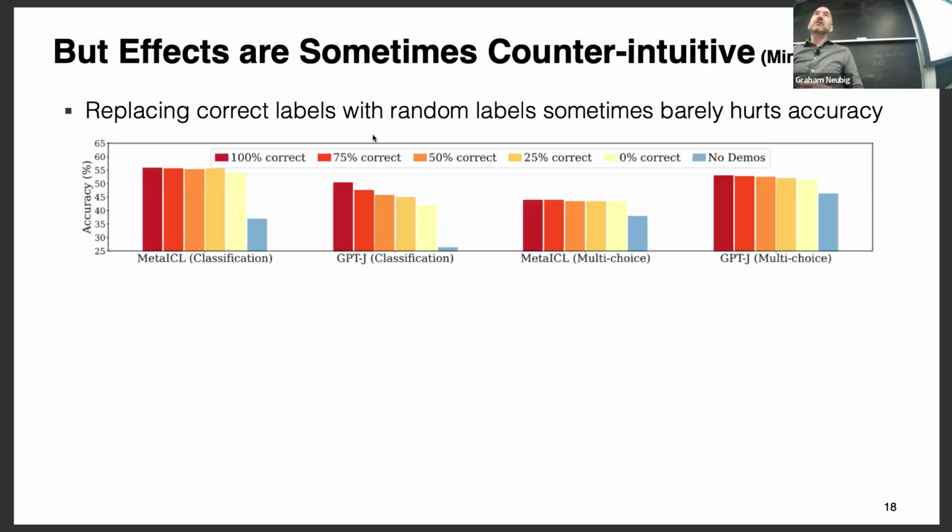Even with completely wrong labels, even with labels that are correct 0% of the time, you still get much, much better accuracy than if you use no in-context examples. Why is this? Probably, it's getting the model formatting correct. It's getting the names of the labels correct, even if it's not accurate. So it seems like it's not really using these as training data. It's using them more just to know the formatting appropriately.